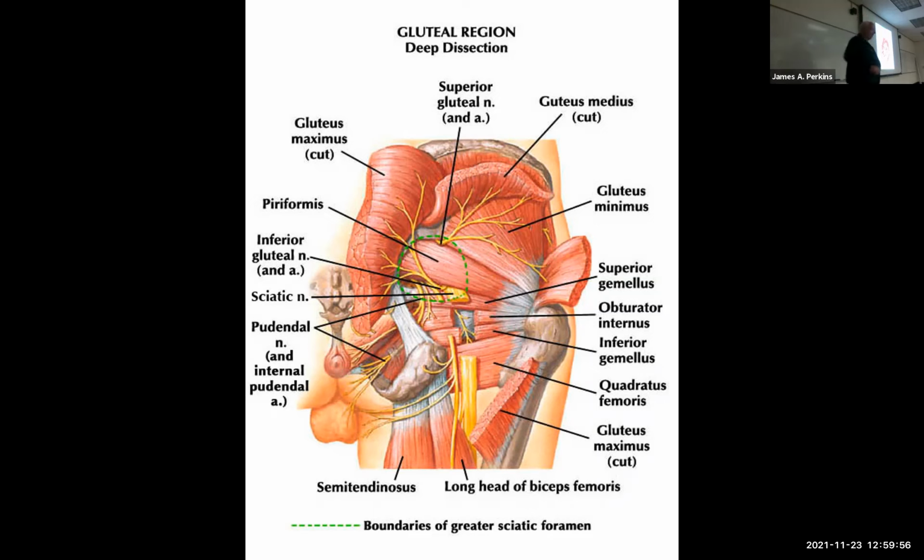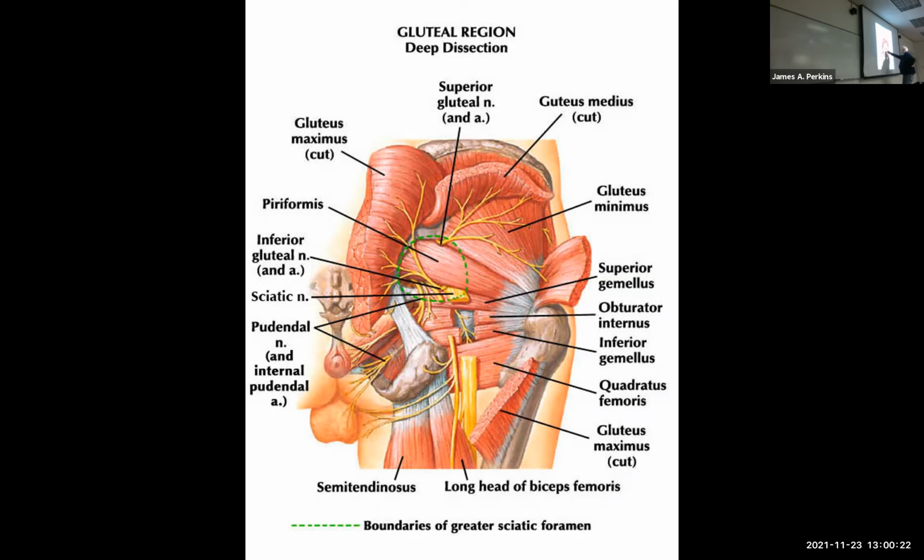Right. And when the ventral rami of L4 and L5 join together, what do we call that? There's a name for it. Lumbosacral trunk. Right, the lumbosacral trunk. Good. So the lumbosacral trunk, which is L4-5, joins with S1, S2, and S3, and together all of that makes up the sciatic nerve.